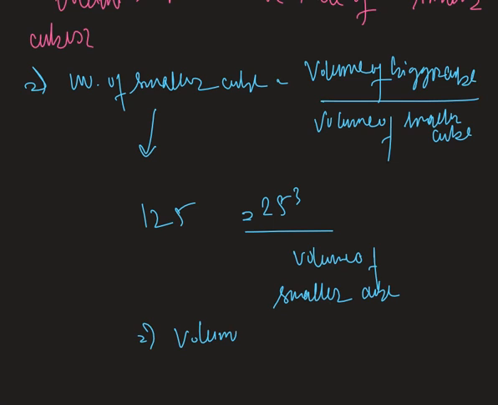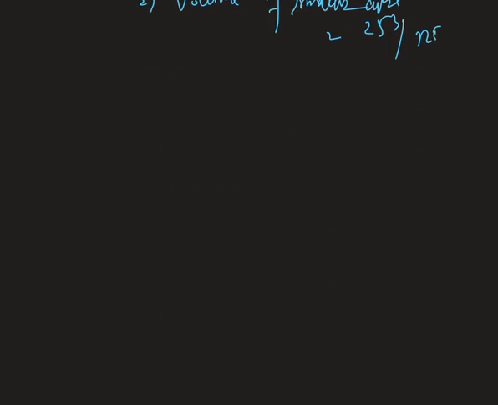Therefore, the volume of the smaller cube is equal to 25 cube divided by 125, which results in 125.